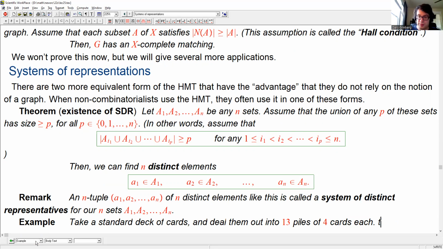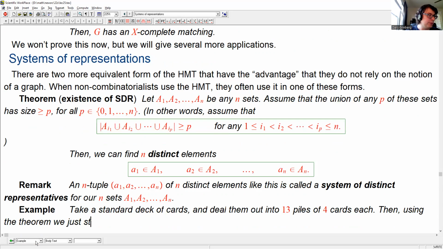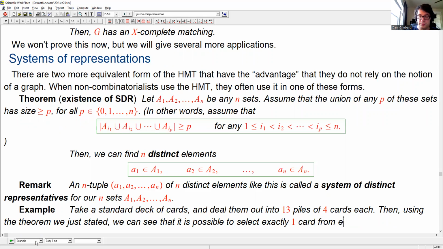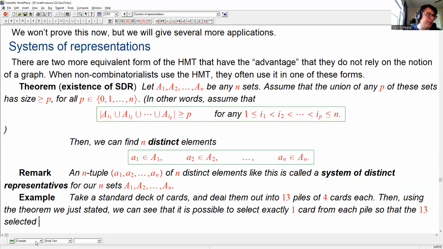Then, using the theorem we just stated, we can see that it is possible to select exactly 1 card from each pile, so that the 13 selected cards contain exactly 1 card from each rank. So exactly 1 ace, exactly 1 2, exactly 1 3, and so on.